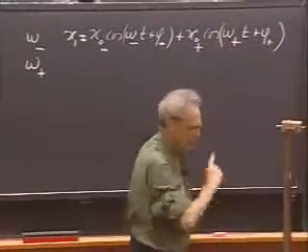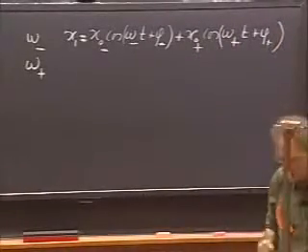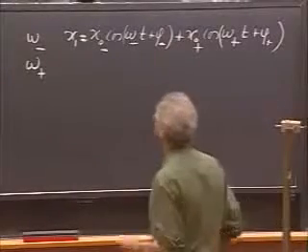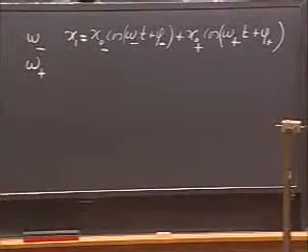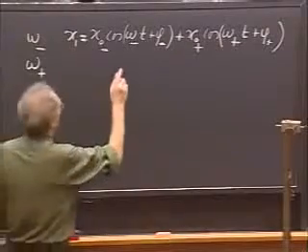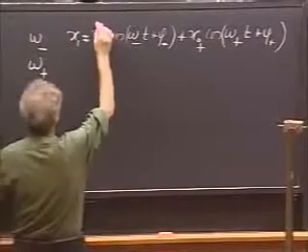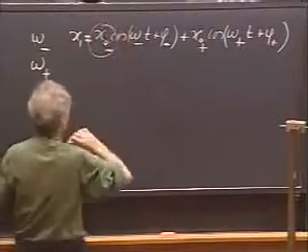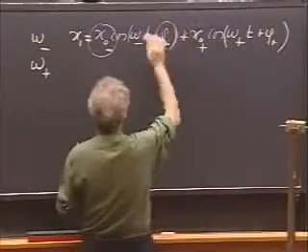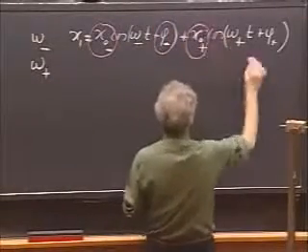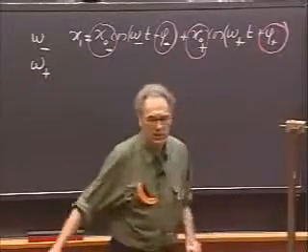Now let's try to see through this, what this means. It means that if I know my initial conditions, I can determine this amplitude, this phase, this amplitude, and this phase.